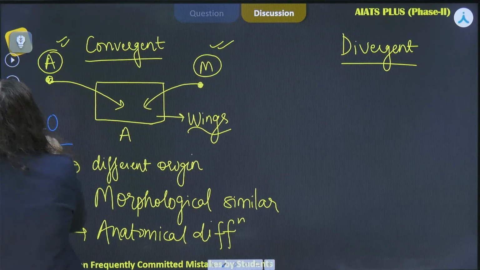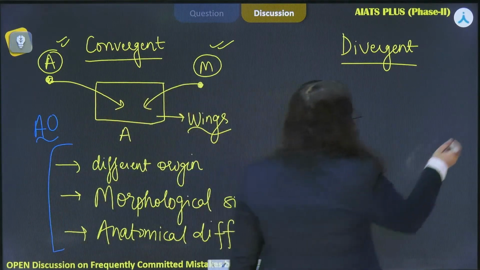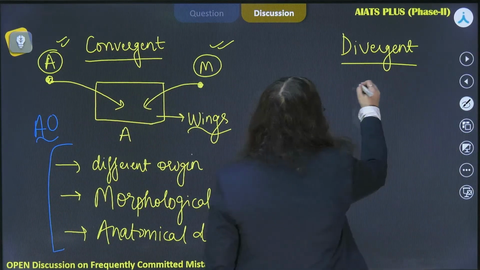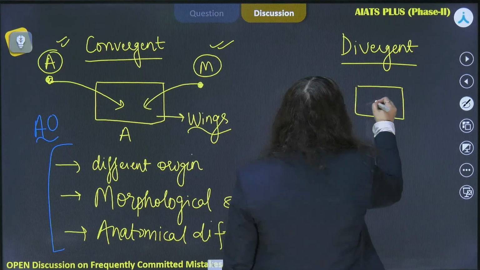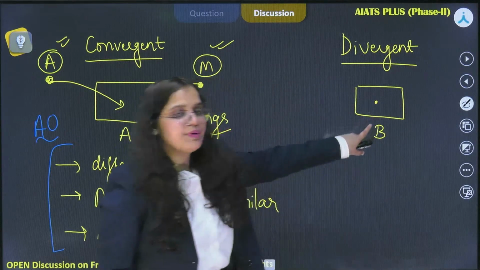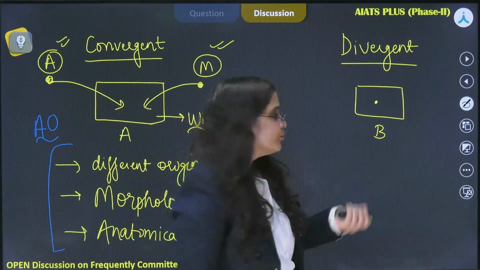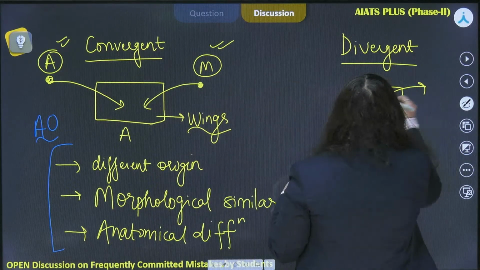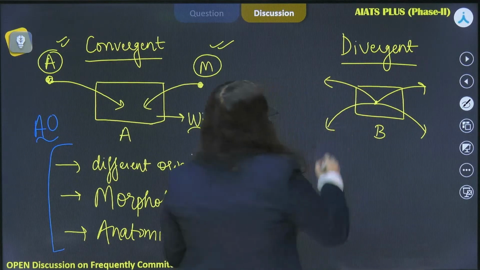Now coming to divergent evolution, what happens is, let us suppose we have a place B here, and here one of the species was living, but it started facing certain challenges. So it moved out of this site and they started moving to different areas.